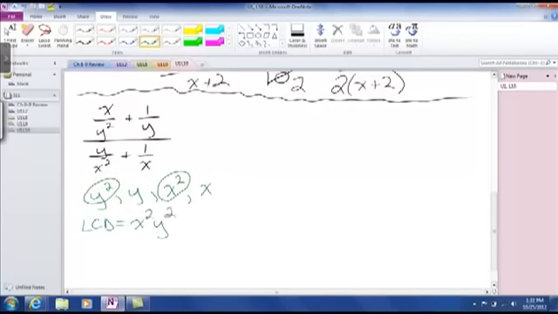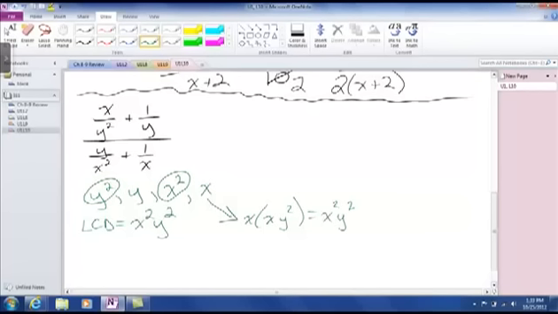You could make any of these denominators become that. For instance, if I multiply x times x y squared, I get x squared y squared. The same holds true for all of them.